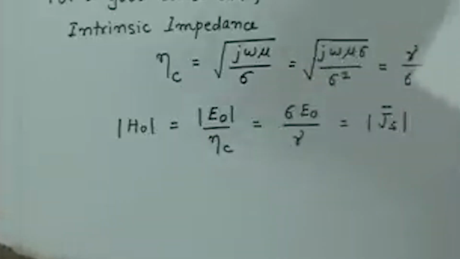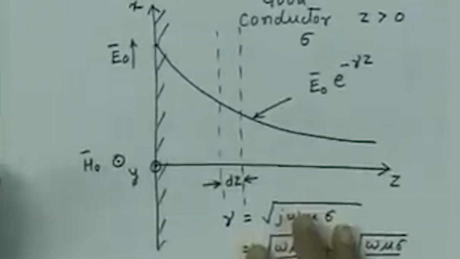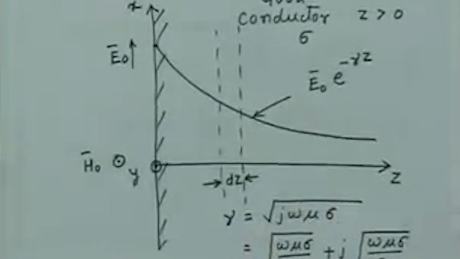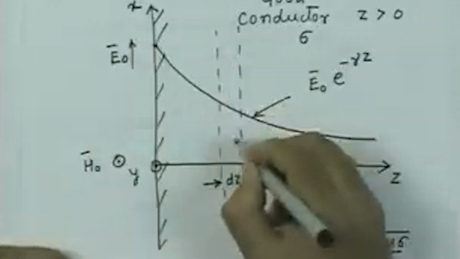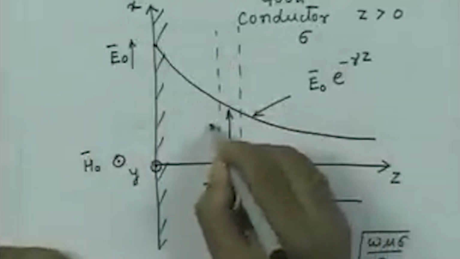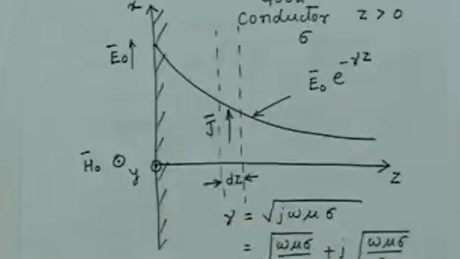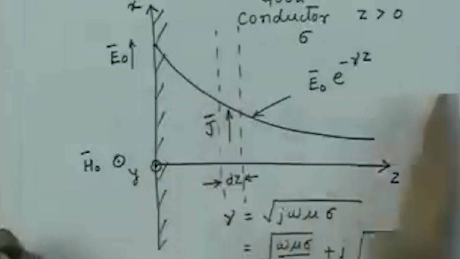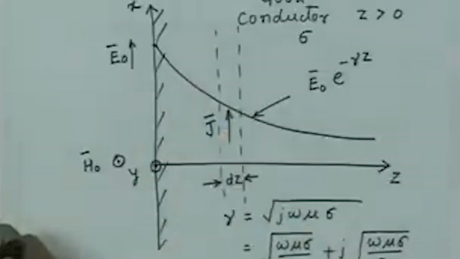The second thing which we want is that the n cross H must be giving you the surface current direction. Now, again come here, in this case, since the electric field was in this direction, the conduction current density J was in that direction, and we have integrated this J over depth to get the surface current.